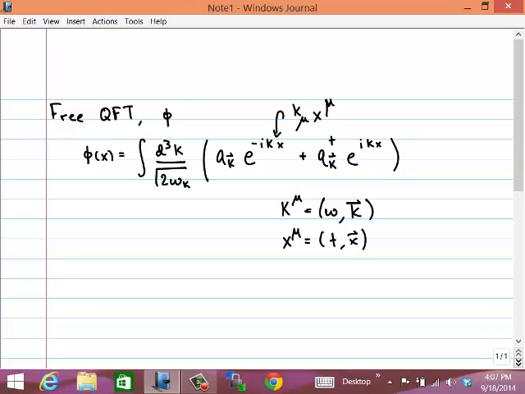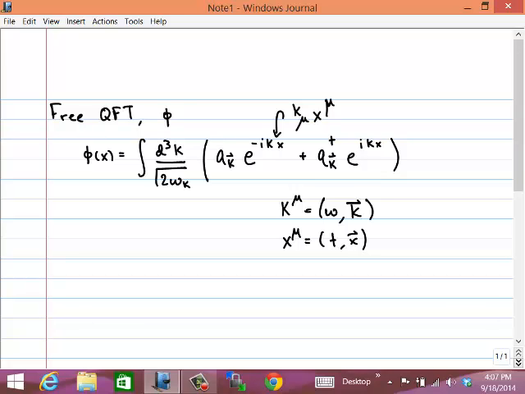And in a classical theory, phi is just a function, and a_k and what I've called a_k dagger here would just be the Fourier coefficients describing, say, some wave packet or some solution to the equations of motion. But upon quantization, phi is promoted to an operator, and a_k and a_k dagger are promoted to operators that act on the Hilbert space of this quantum theory.